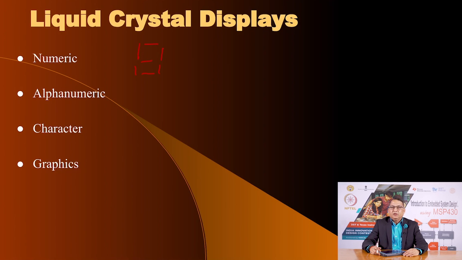Similarly, the 7 segment display is not able to display a variety of information, and so you have another type of output configuration which is called alphanumeric display, which is similar to the numeric display except it has additional segments, and a typical alphanumeric display will look like this.